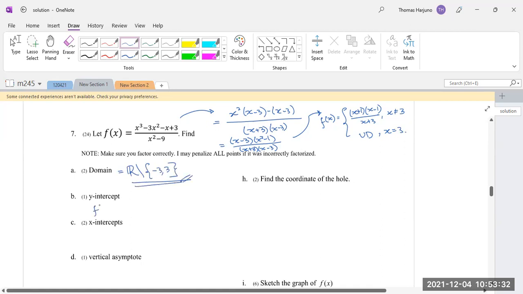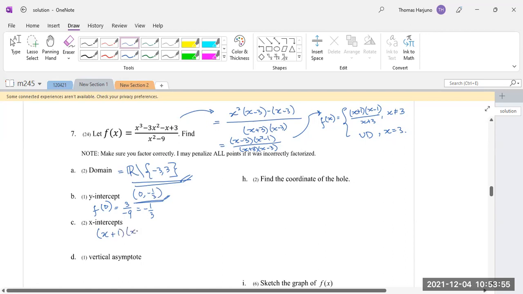The y-intercept f(0), or you can also use f star(0). f(0) is 3 over negative 9, that's negative 1/3. So the y-intercept is (0, -1/3). For the x-intercept, look at f star equals 0.